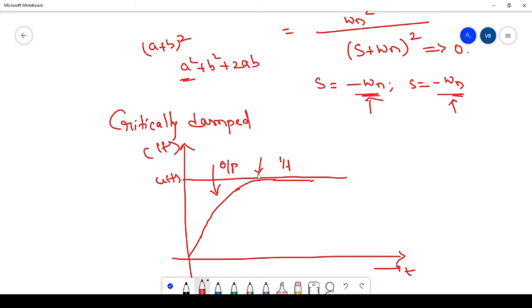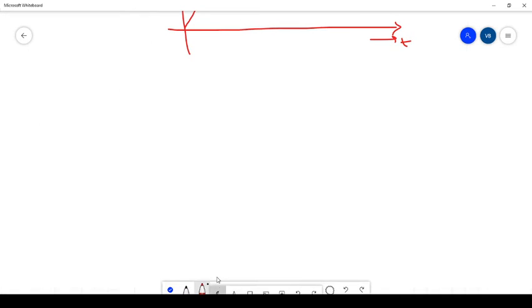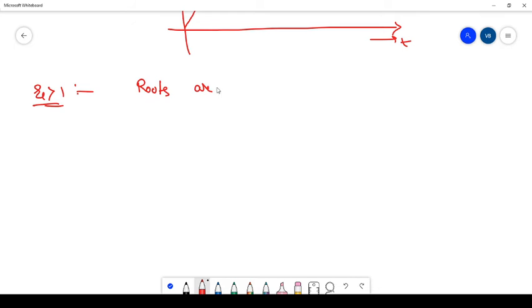Okay, so critically damped system, underdamped system, undamped system. Lastly, if the zeta value is greater than 1, the roots are real and different.